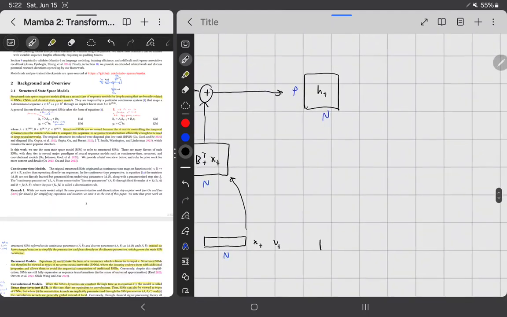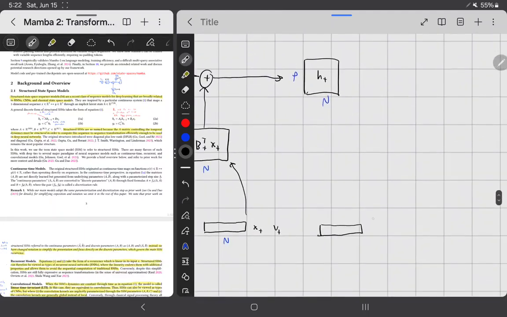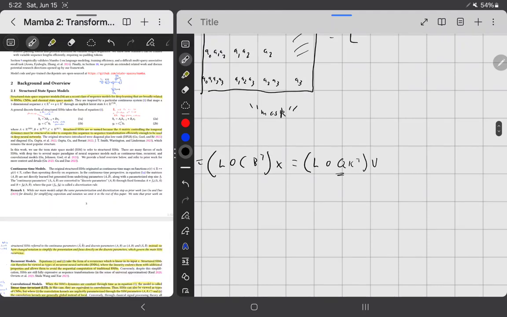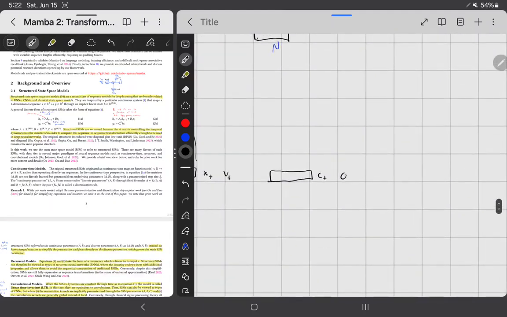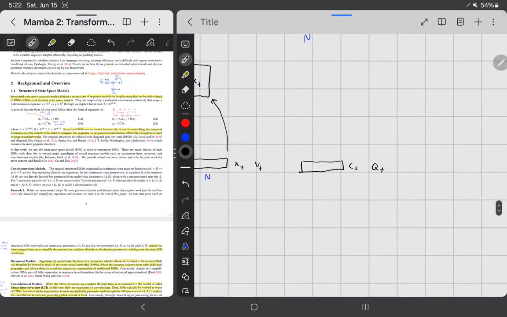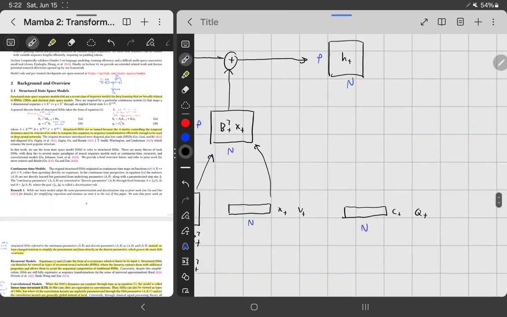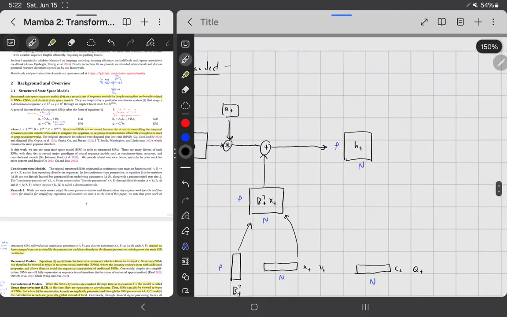Now, we also have these C_t, or in the attention case Q_t, which is an N-dimensional vector, and it is used for the output projection. We do an inner product with the output hidden state.